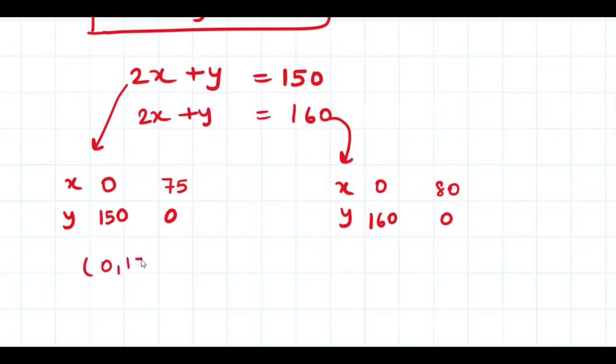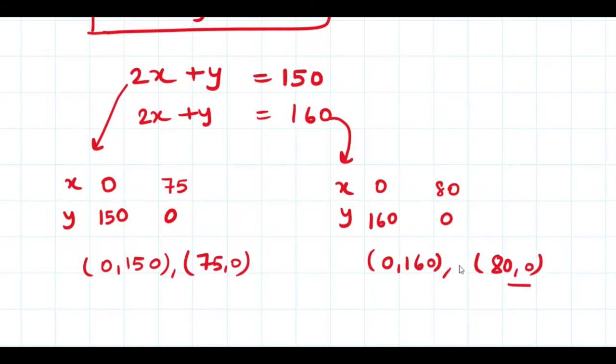So we have 2 points (0, 150) and (75, 0) corresponding to the equation 2x plus y equals 150, and the 2 points (0, 160) and (80, 0) correspond to the equation 2x plus y equals 160.